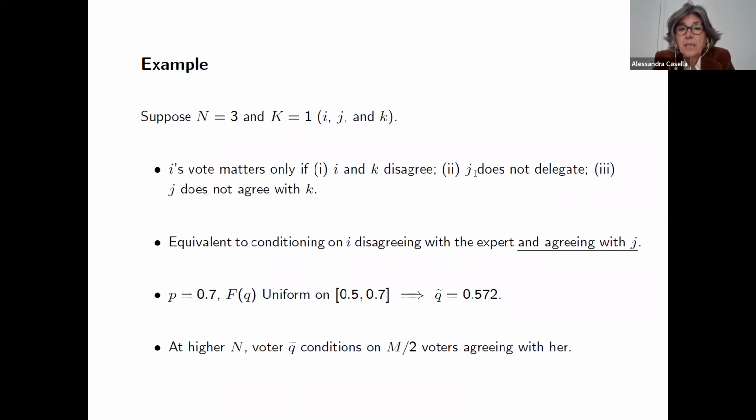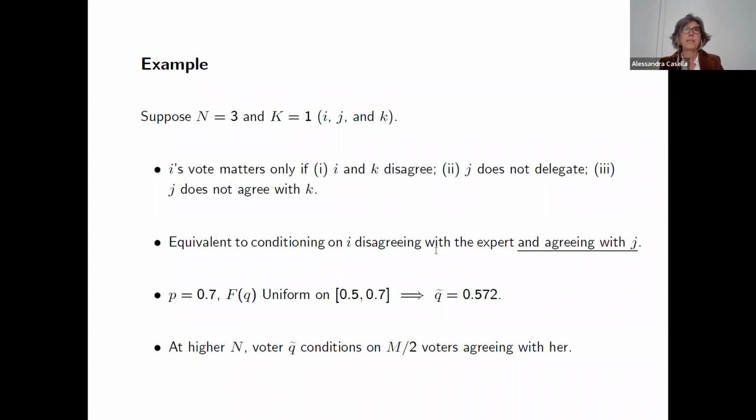It only matters if J, the other non-expert, does not delegate, because there are three people, and if J delegates, the expert is dictator. And it will only matter if J does not agree with K, because if J does not delegate and yet agrees with K, then what I does doesn't matter. So this is equivalent to conditioning on the fact that I disagrees with the expert, but agrees with J.